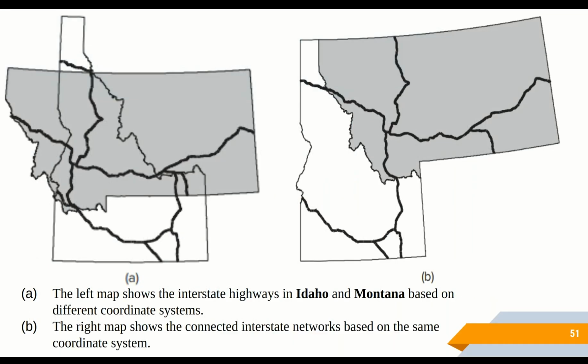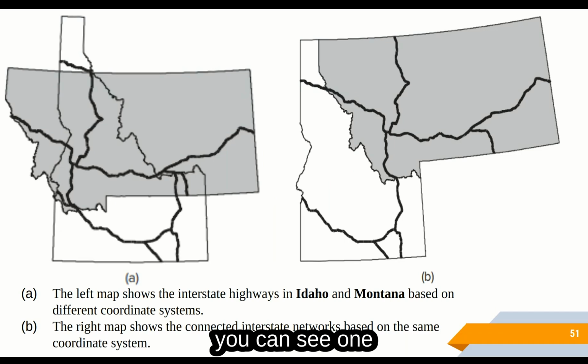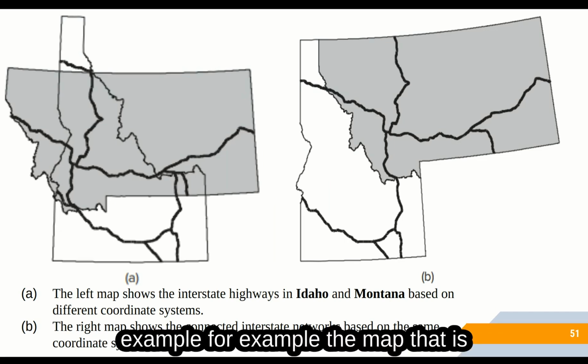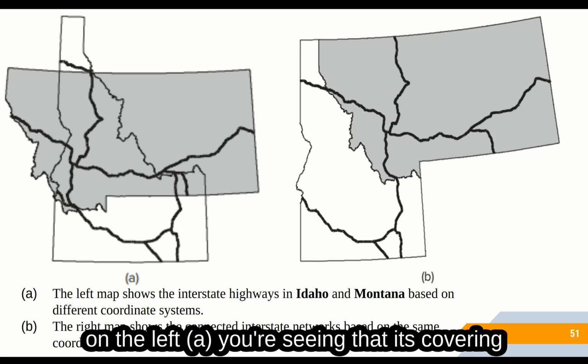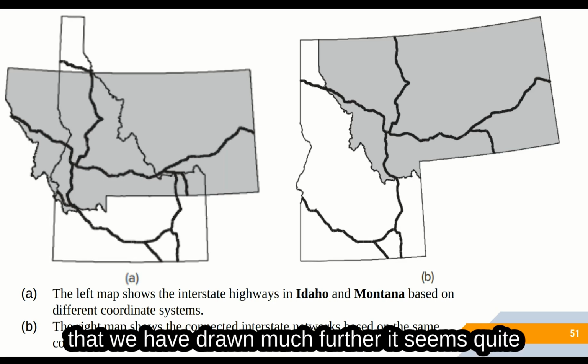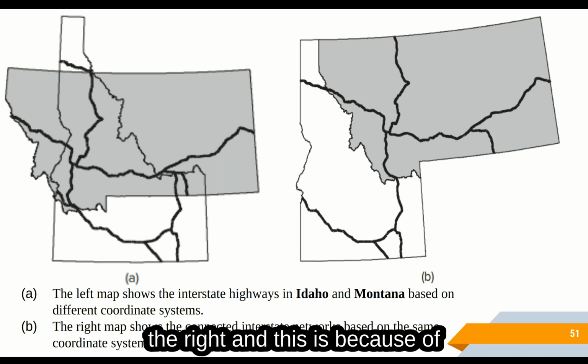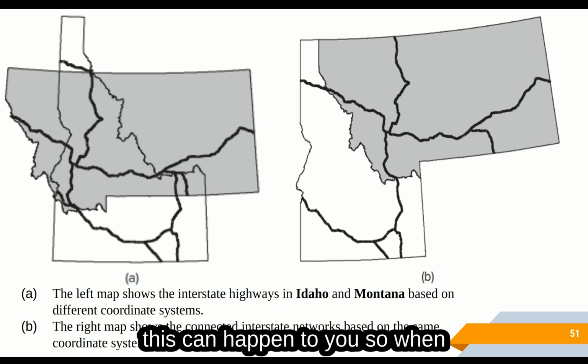So we have a very simplistic approach here, and as you can see, one example. For example, the map on the left is covering the polygon, the area that we've drawn, much further. It seems quite bigger than the one on the right. And this can happen to you.